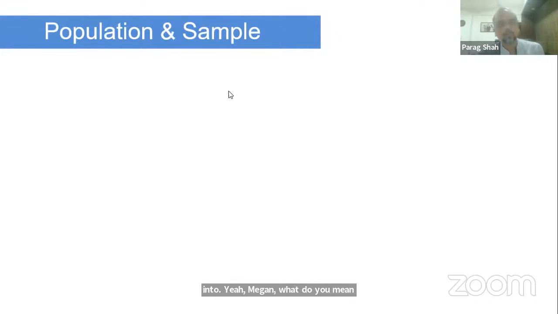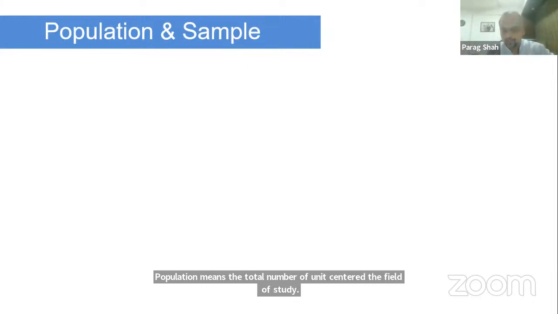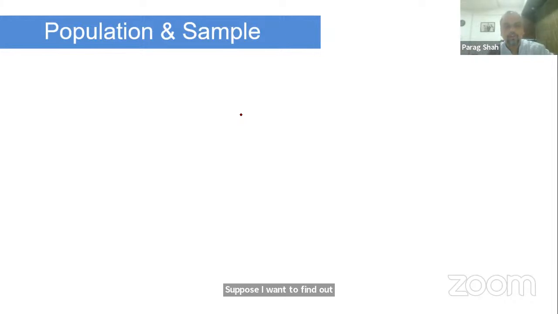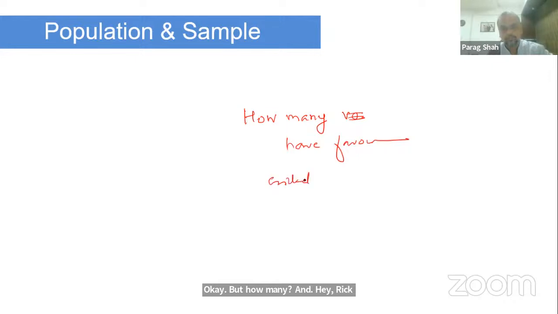What is population and what is sample? This everyone knows. Population means the total number of units under the field of study. Suppose I want to find out how many have their favorite cricketer as Virat Kohli.